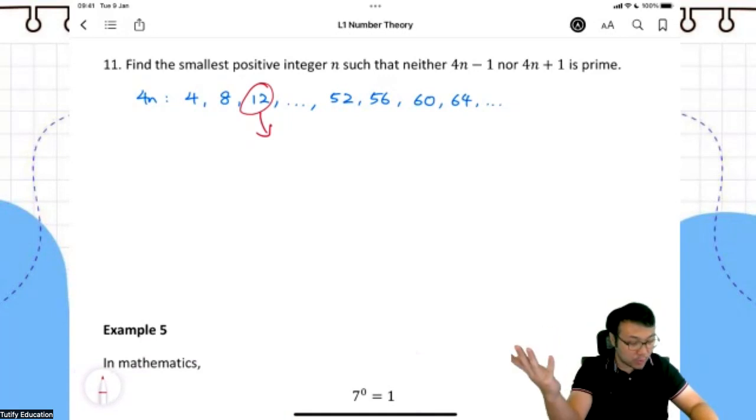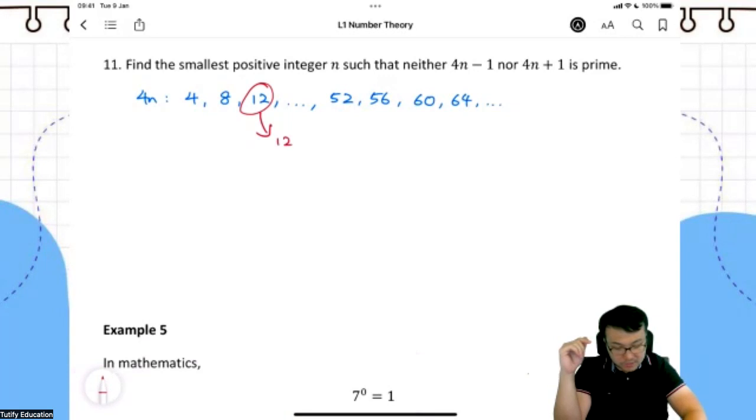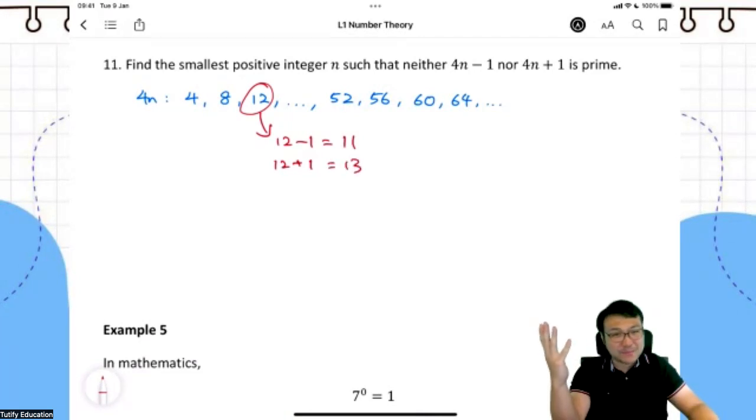That means 4 times 3 is 12. So let's do an experiment with the number 12. If I minus 1, I get this. If I plus 1, I get this. Both of them are prime numbers. So do I want this? No, I don't want it. Okay? They don't want it to be prime. So I should not be choosing the number 12.